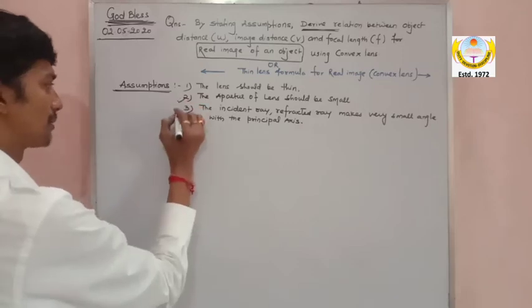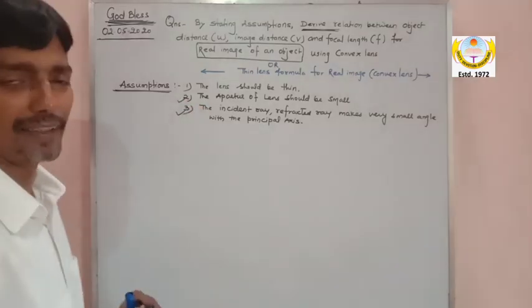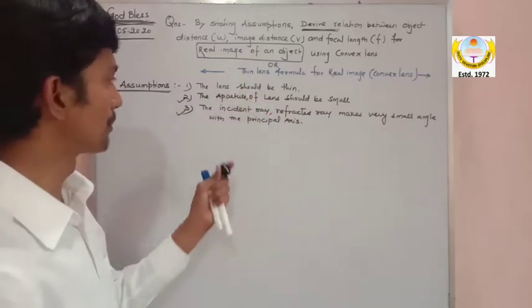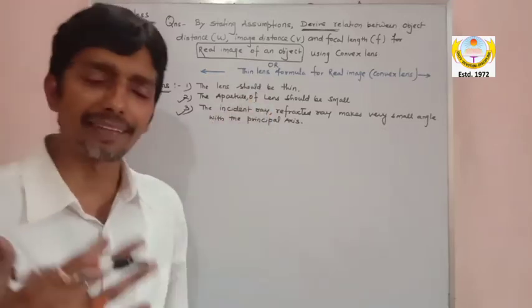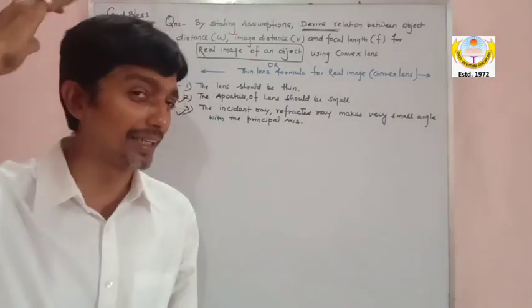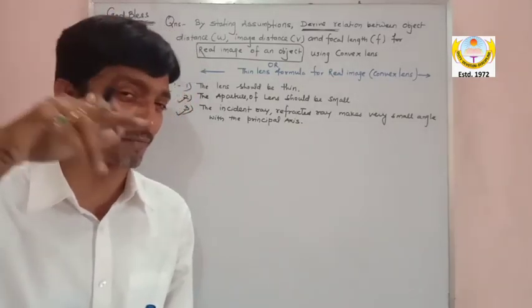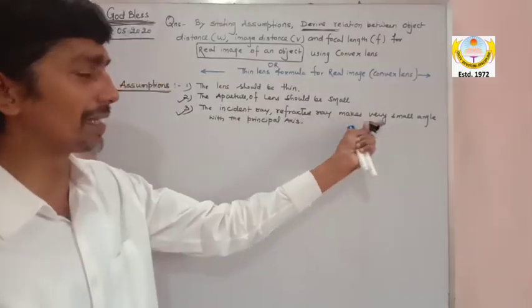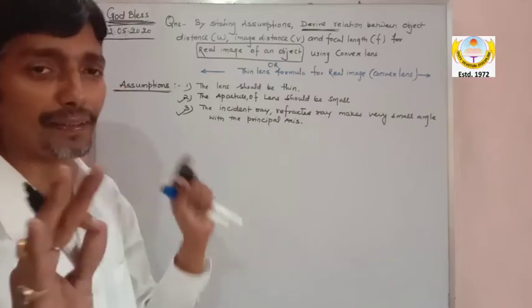So I hope we know these assumptions from before, that the aperture of the lens should be small, and the incident ray and refracted ray make a very small angle. You remember alpha, beta, gamma that we earlier used for the curved surface; they make an angle. So the incident ray and refracted ray make a very small angle with the principal axis.